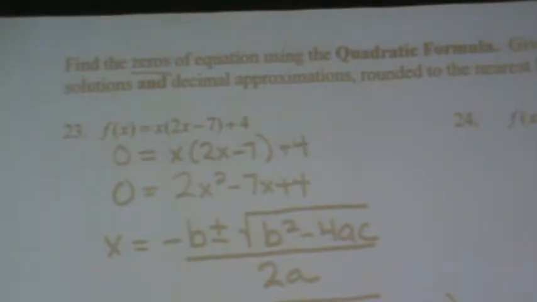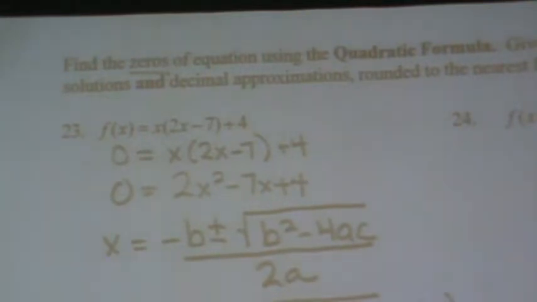Questions on it? Do I need to finish it? You've got the answer. The answer should come out to be 7/4 plus or minus square root of 17 over 4. And for 24, you should have 1/3 plus or minus. And now you could keep it all underneath one radical.